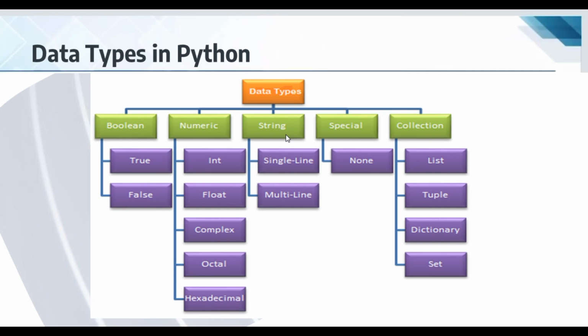String can be of 2 types, single line string and multi-line string. Special, that is None. Collection may be list, tuple, dictionary or set. So student, you will draw this diagram in your classwork copy along with this heading.